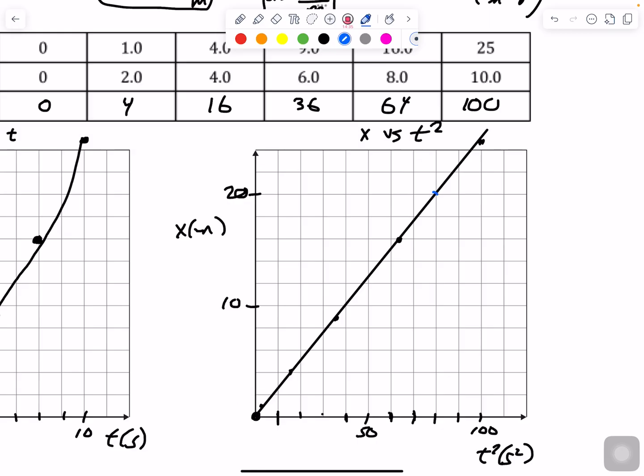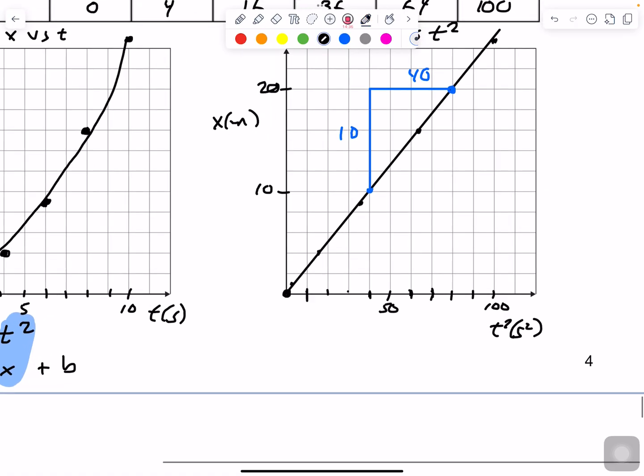Okay, I like this point right here, and I like this point right here. So go ahead and find a couple convenient points to find your slope. My rise appears to be 10. My run appears to be 10, 20, 30, 40. Okay, so this time my slope, I'll write it over here.